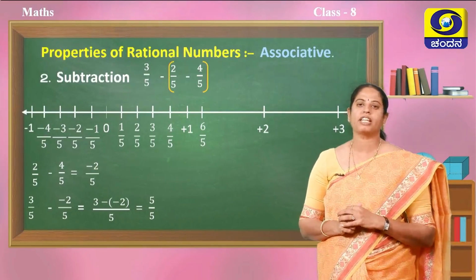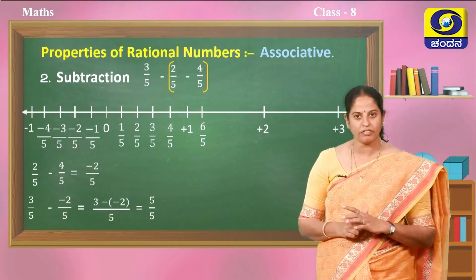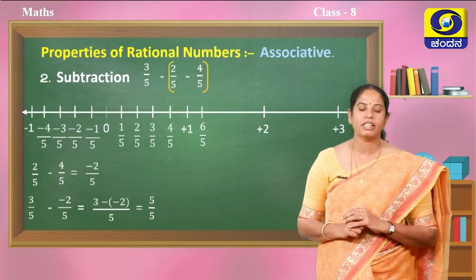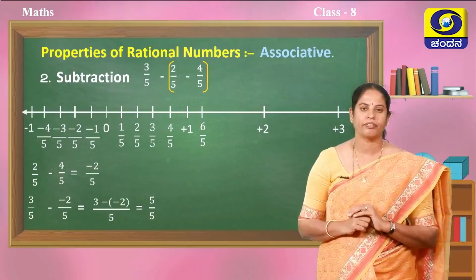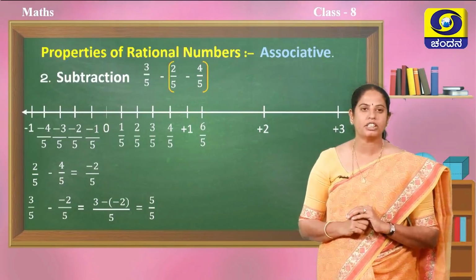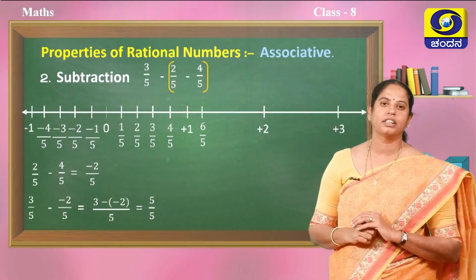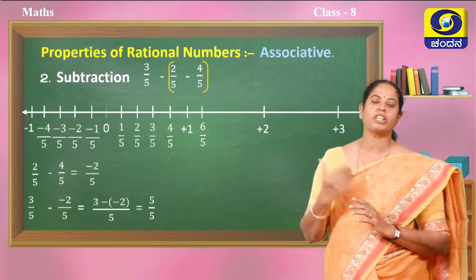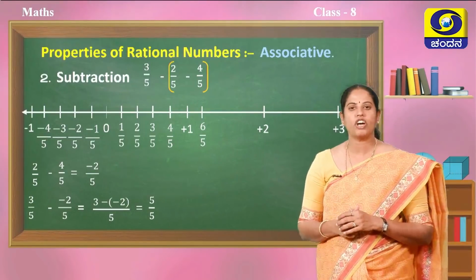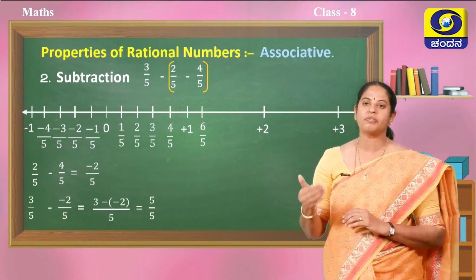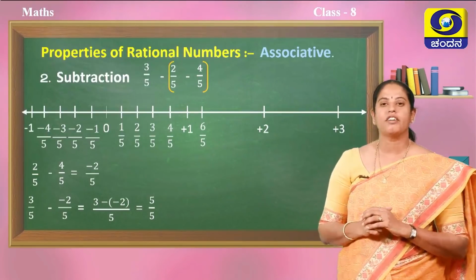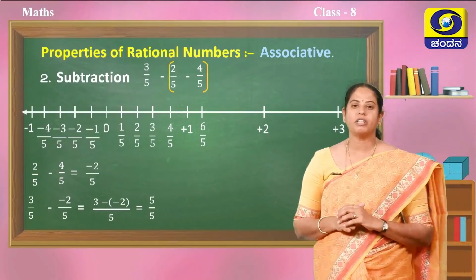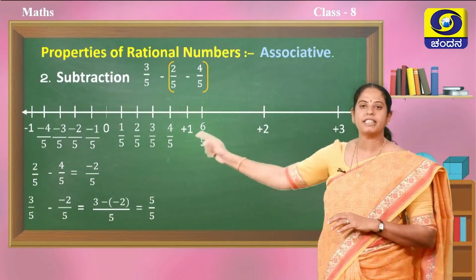When I subtract 4 by 5 from 2 by 5, I am getting minus 2 by 5. So, when this minus 2 by 5 is subtracted from 3 by 5, that means minus of minus 2 by 5, the result is 5 by 5, that means I will be at the place 1.